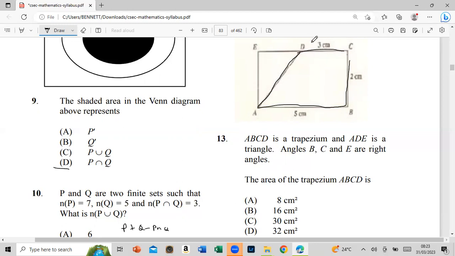If we call these A and B, and then the height h, the formula says A plus B divided by 2 and then times the height. So all we have to do is add 3 plus 5, that's 8, divided by 2, we get 4, and then times 2. That should be 8.